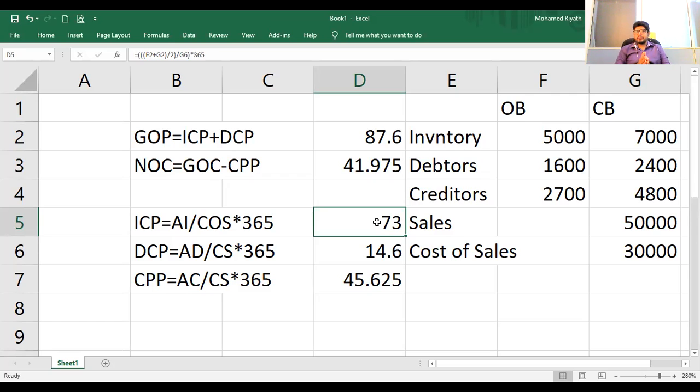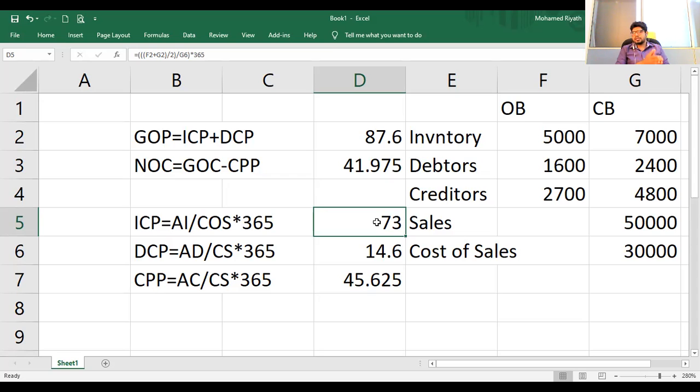It's the time period between purchase of inventory and sale of finished goods, right? In these 73 days, we can divide it into 3 phases. First one, purchase of raw material. Say for example, it takes 30 days.